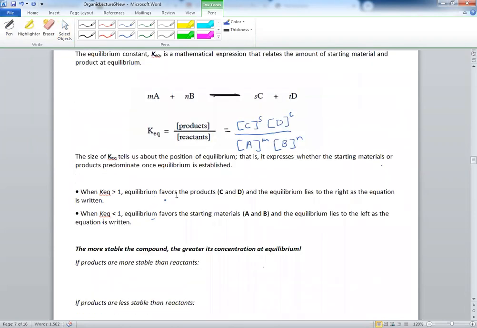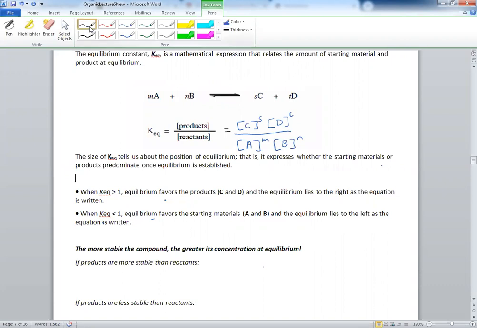Number one is that when the KEQ is greater than 1, the equilibrium favors the products C and D, and the equilibrium lies to the right as the equation is written. When it's less than 1, it favors the starting material. The equilibrium lies to the left, of course, as the equation is written.